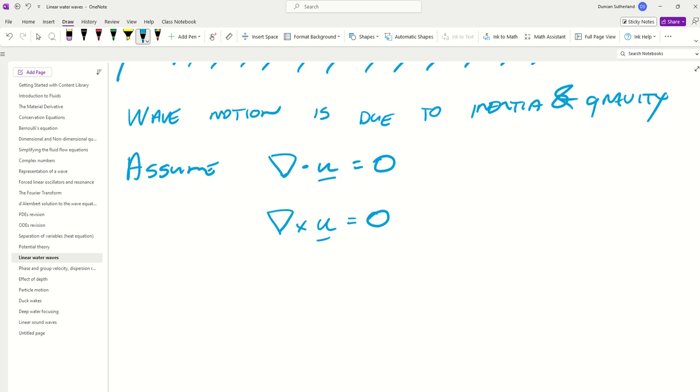If you think about the ocean and waves in the ocean, when we're talking the deep ocean here, you've got a small perturbation on the surface. The wave height is small relative to the depth of the ocean, but the wave height is big relative to turbulent, swirly things, wind-driven ripples, and so on. So irrotational flow isn't too bad an assumption.